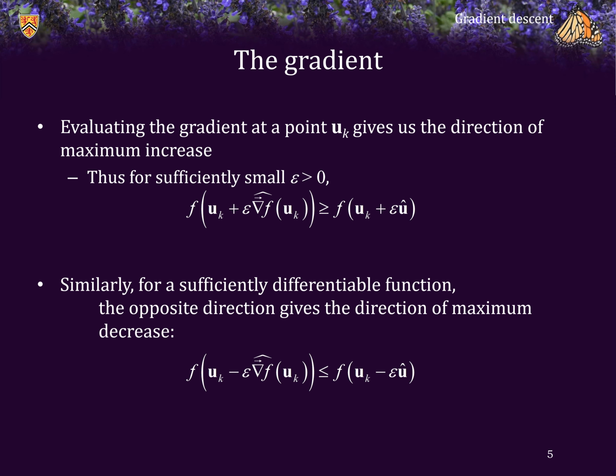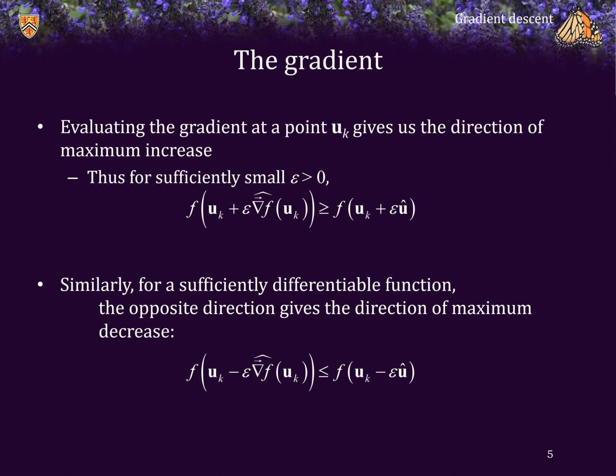Similarly, for a sufficiently differentiable function, the opposite direction of the gradient gives us the direction of maximum decrease. So if we are trying to find a minimum, one of the most logical directions to move then is in the direction of maximum decrease.